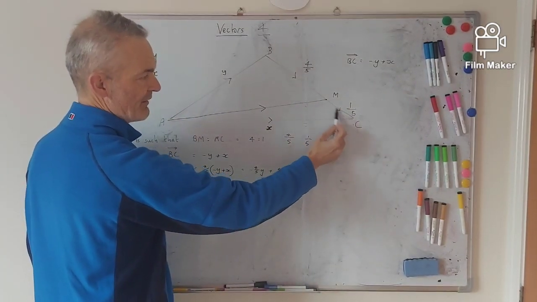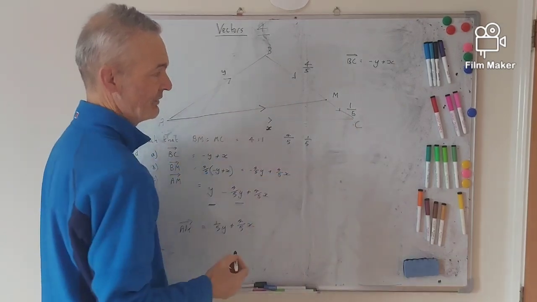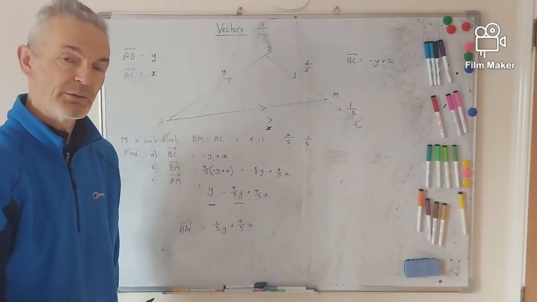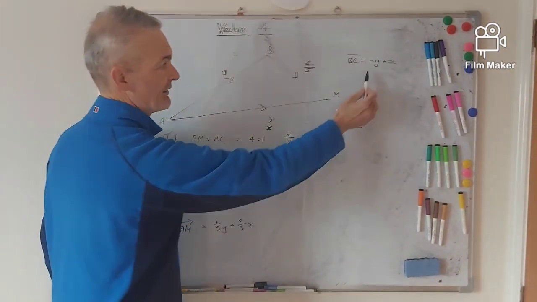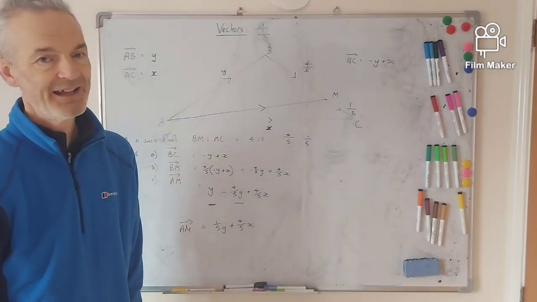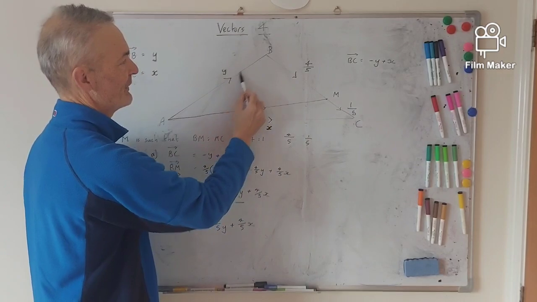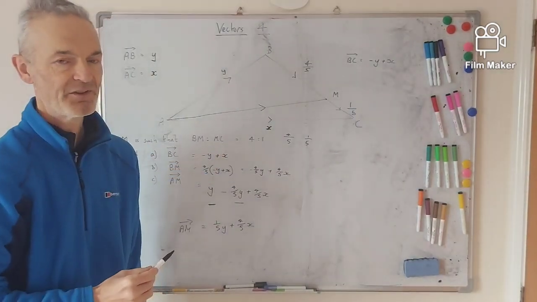And I'd have had to remember that if we're going to go against that arrow, that would have to be a minus 1. So all I would be doing would be getting a lot of negatives, because we've got negatives here and we'd have negatives here. So I've taken the easy option and going that way and that way, because I can see I'm following the arrows and I'm going to get positives.